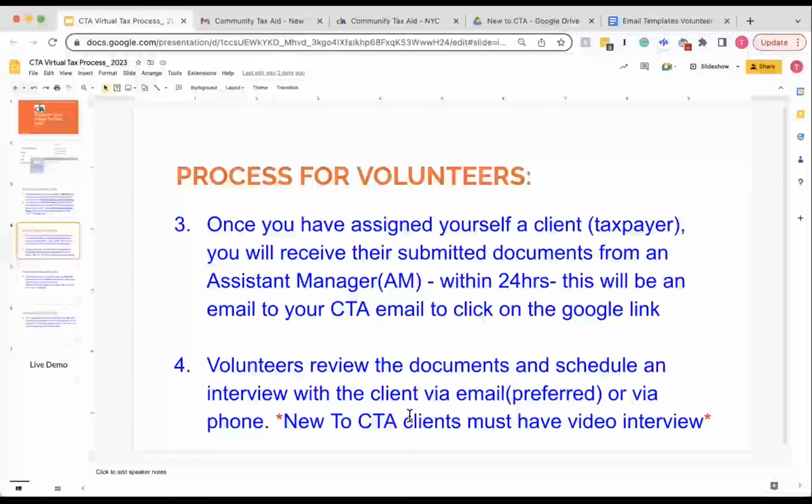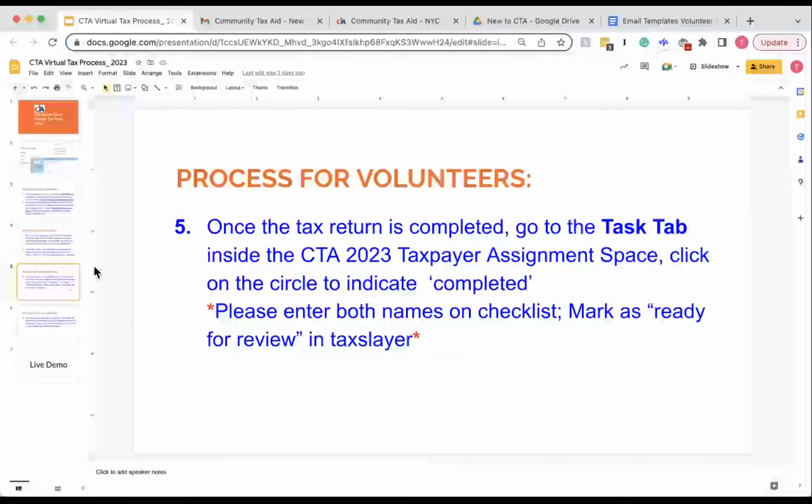With a video interview, the person uploaded their license, their name matches all their documents, and you're seeing what they look like based on their ID. If they match up, you have the right person. This is when someone logs in as a new to CTA client, and the assistant managers will let you know when they post the name of the taxpayer.